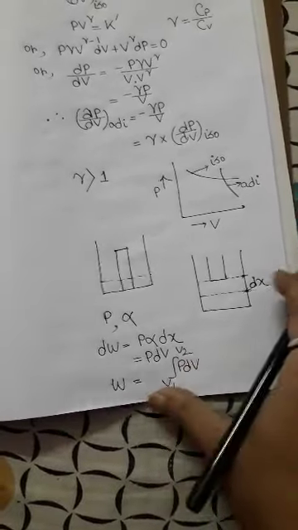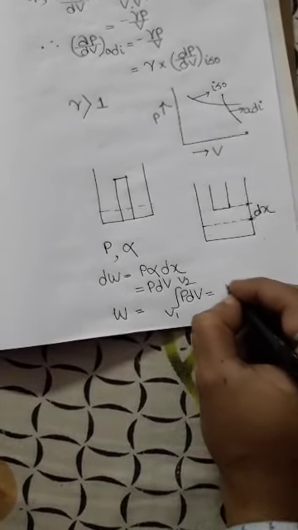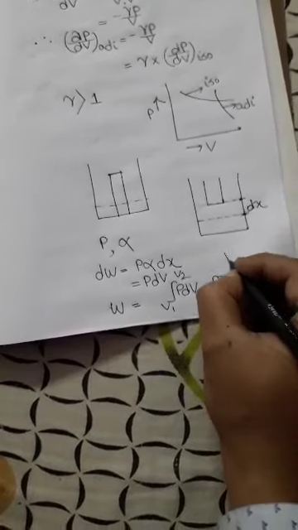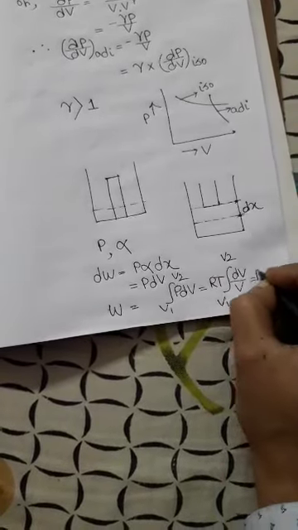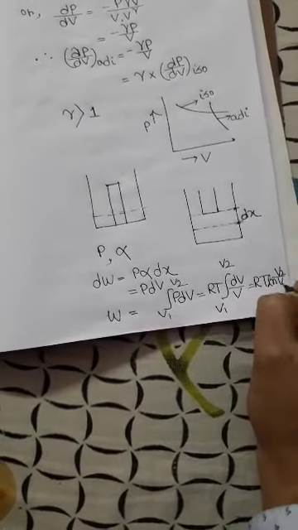For a perfect gas PV equals RT. If we substitute P equal to RT by V, we get RT times the integral from V1 to V2 of dV by V. So this is RT ln V2 by V1.